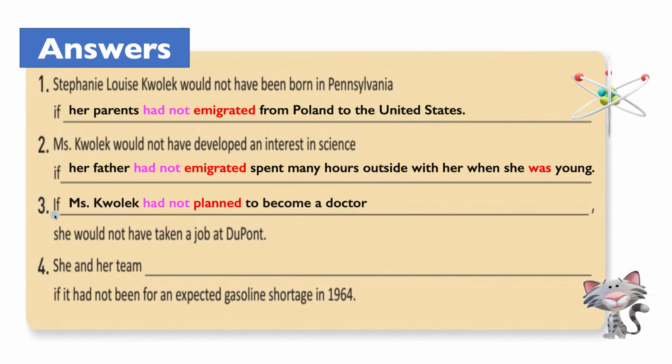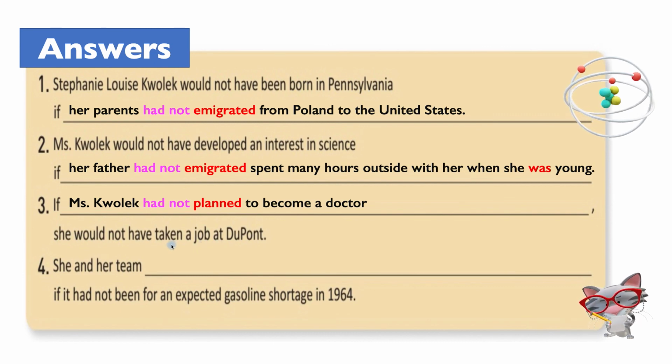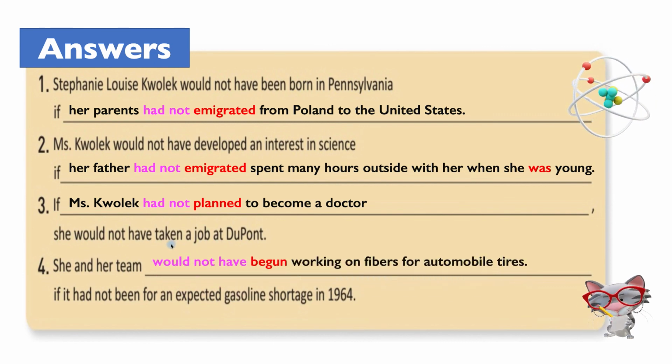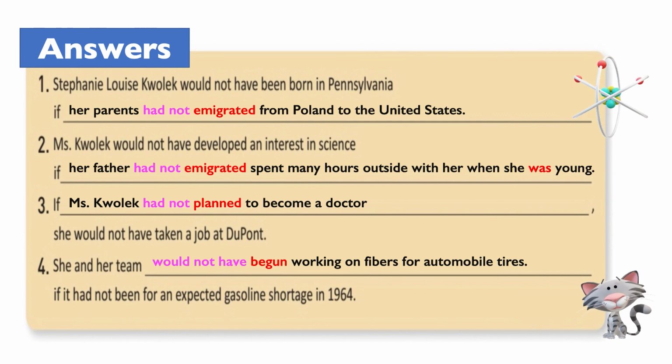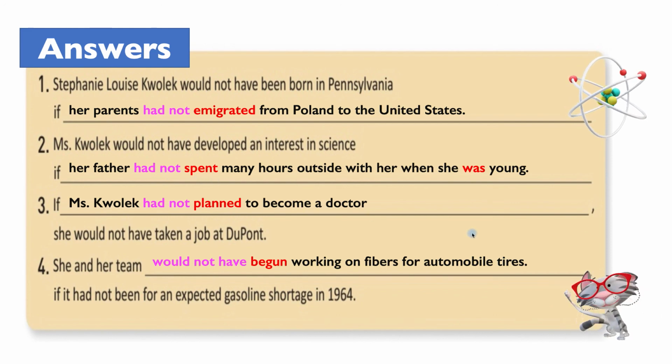If Ms. Kwolek had not planned to become a doctor, she would not have taken a job at DuPont. She and her team would not have begun working on fibers for automobile tires. One small change here: emigrated is gone, and it's just had not spent many hours outside with her when she was young. Note that.